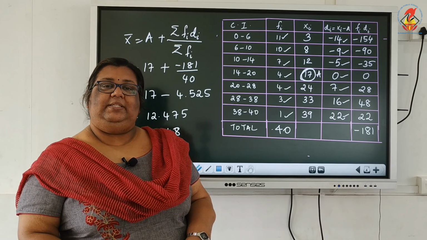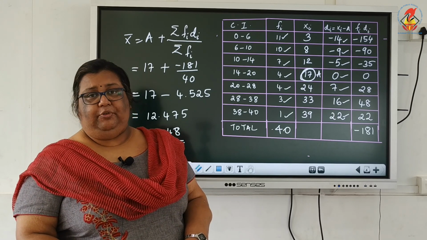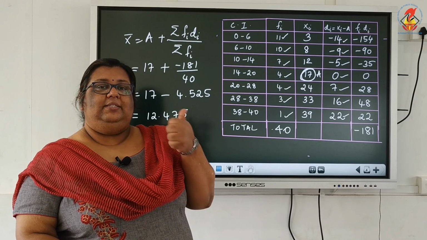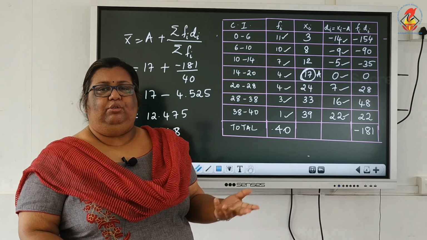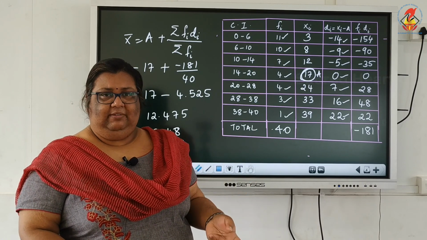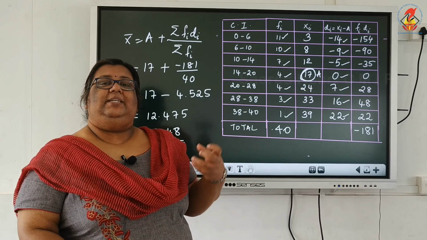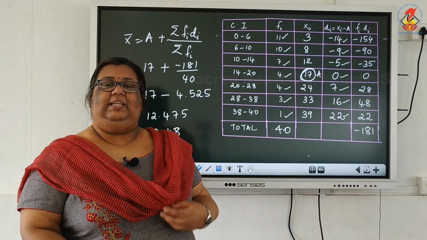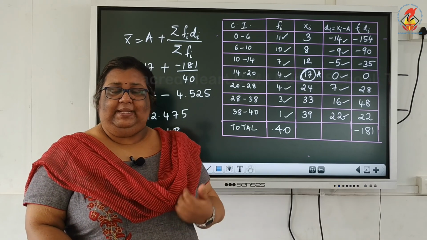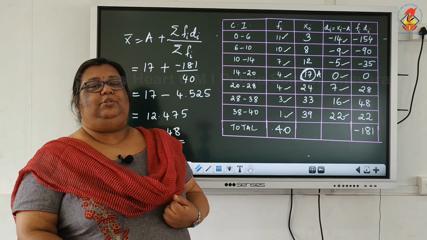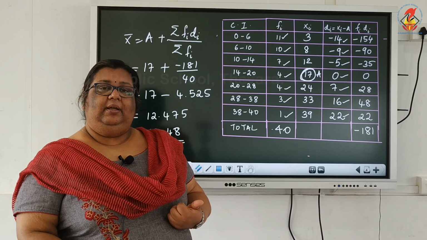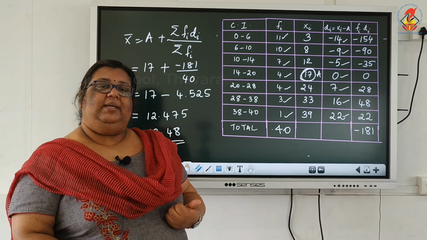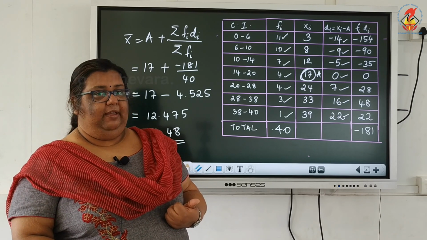So under arithmetic mean, we have now learned 3 formulas. One was sum of observations by number of observations, when the data is not grouped, when the raw data is given. Then when the data are grouped, when class intervals are given, when a frequency distribution table is given, there are 2 methods to find the arithmetic mean. The first method is called the direct method. What was the formula? Sigma xi fi by sigma fi.